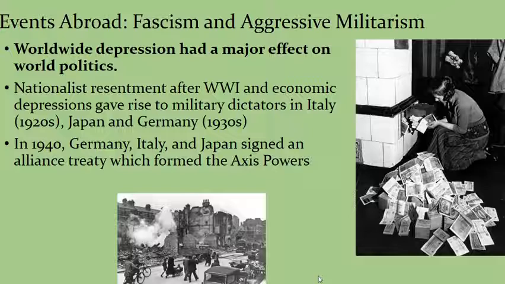Now, let's look over in Europe. The first thing we need to talk about is that the worldwide depression of the 1930s and even the effects of World War I in the 1920s are having a major impact on Europe.